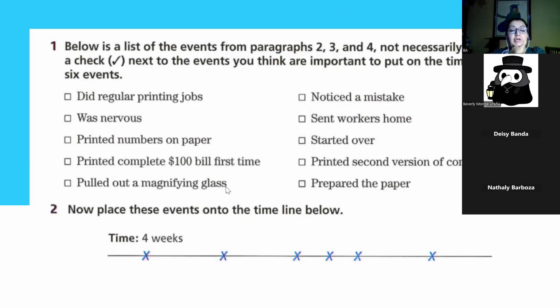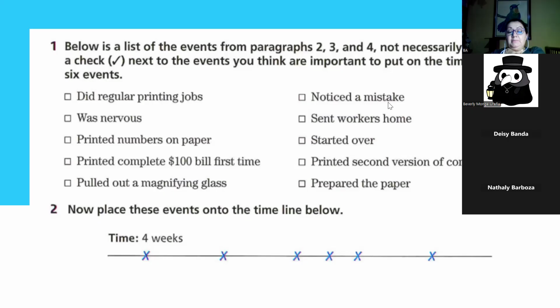Regular printing jobs, is this important or not? No. Was nervous? No. Printed numbers on paper? Yes. Printed complete $100 bills the first time? Yes. Pulled out a magnifying glass? No, not really.